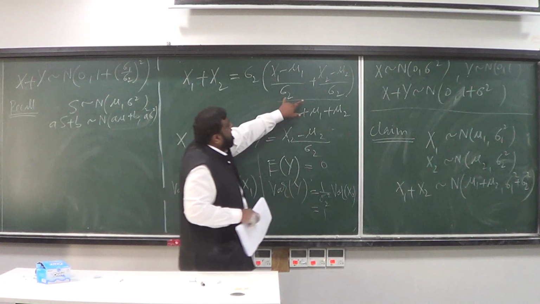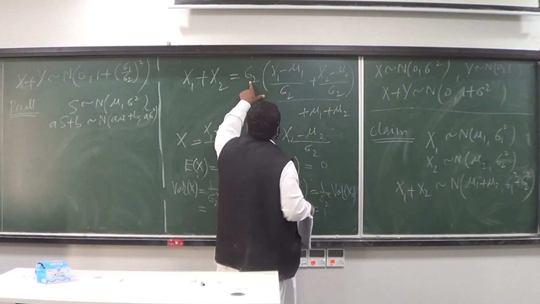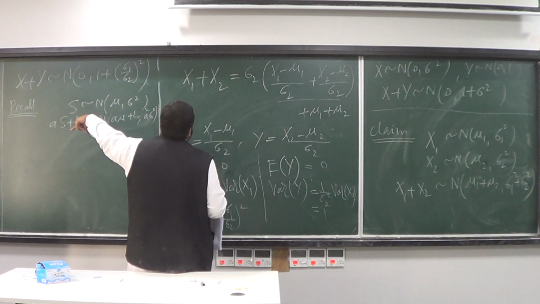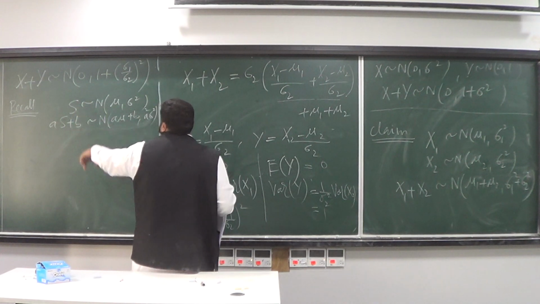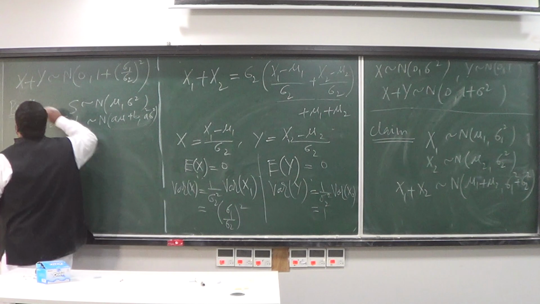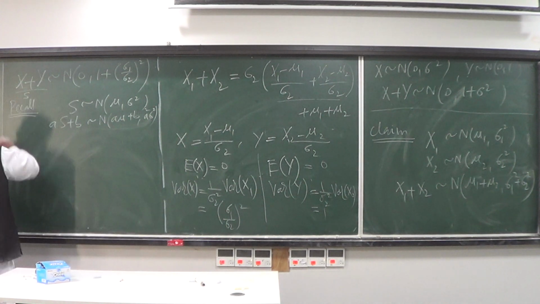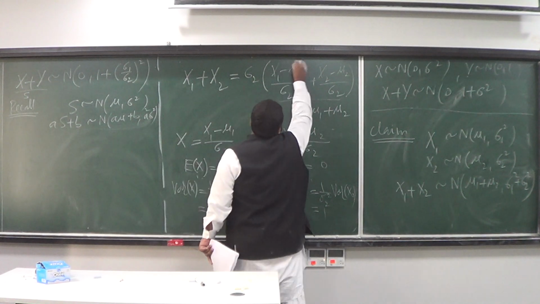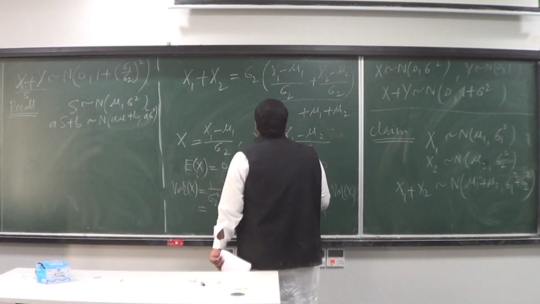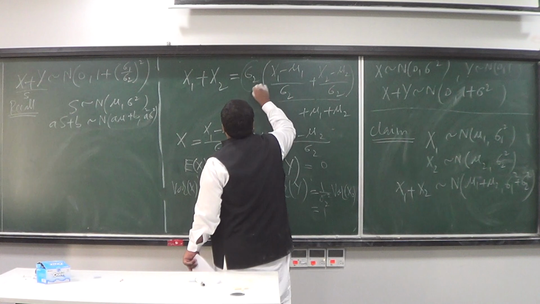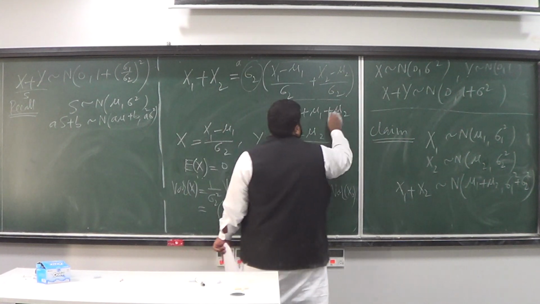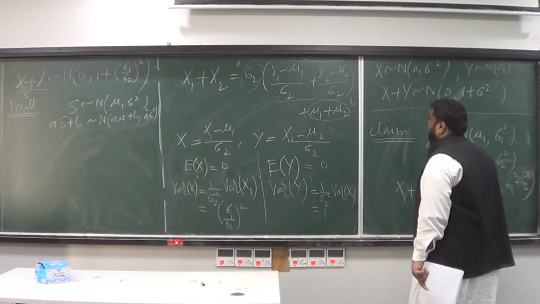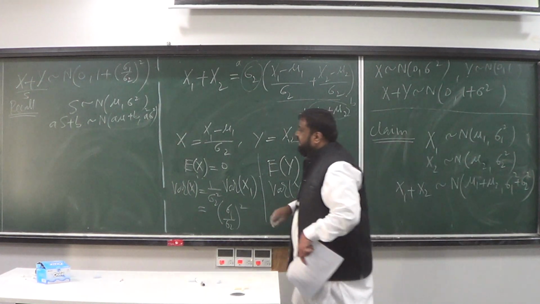So you have x plus y multiplied by sigma 2, and you know about the x plus y. So take this S to be x plus y, which is the same as this. Take this constant as a and this constant as b, and then substitute the values here.